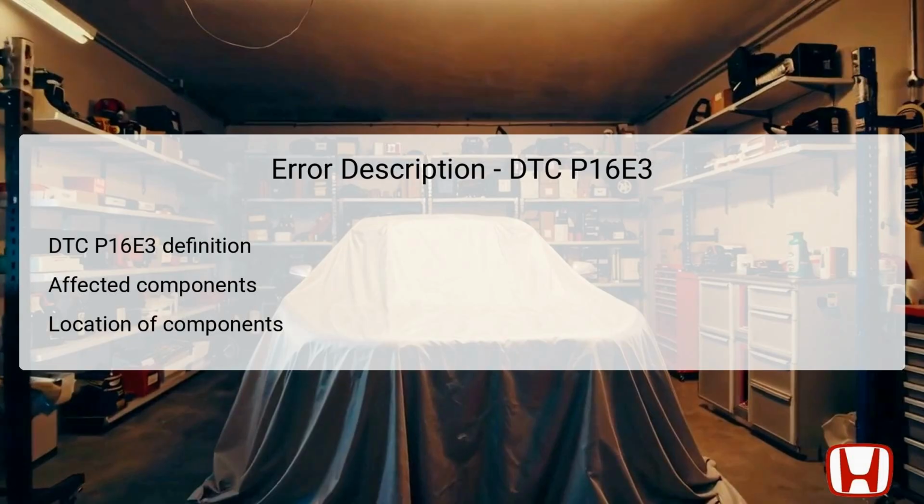DTC P16E3 refers specifically to the diagnostic trouble code indicating a LIN communication error between the PCM and the 12-volt battery sensor. The key components affected by this error include the PCM, which houses the vehicle's engine control operations, the 12-volt battery sensor that monitors and relays battery status, the DC-DC converter, and valuable components like the alternator and shutter grille.